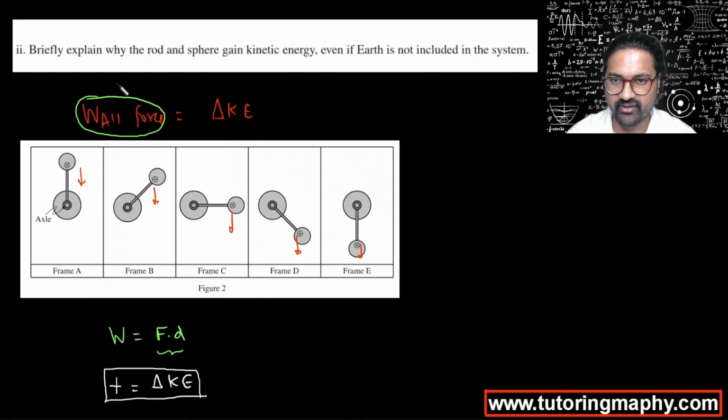And hence this justifies that even though you won't consider the Earth as part of the system, the rod and the sphere will gain kinetic energy as it moves down, because the change in kinetic energy is positive as the work done by gravity is positive. Right, this was the last part of the last question.